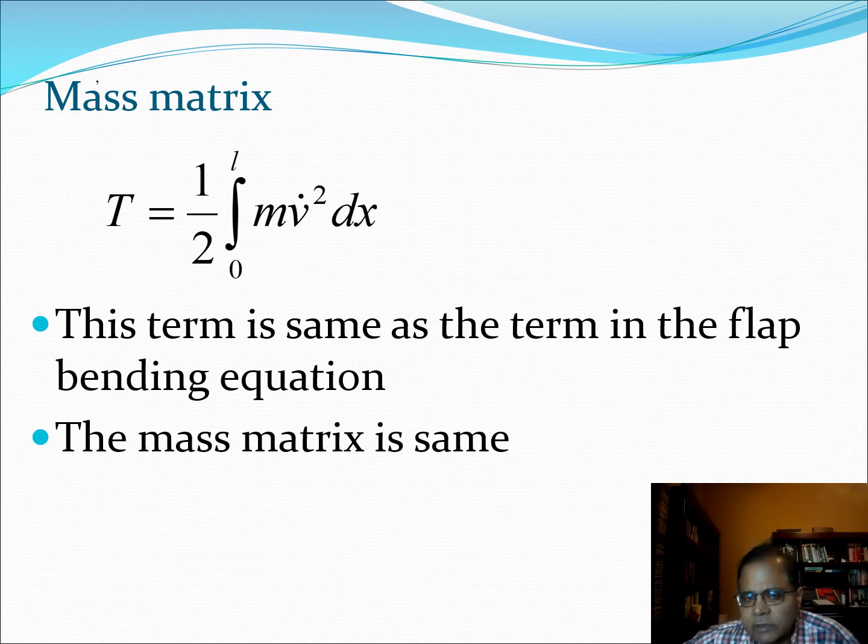Since this term T is the same as the flap term, we are going to get the same mass matrix, at least in terms of the closed form expression. Of course, the numbers will be different because the parameters may be different.